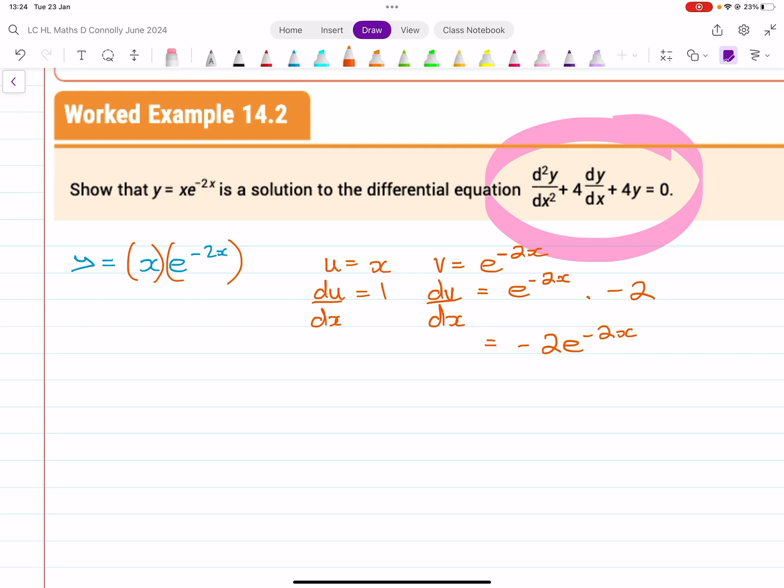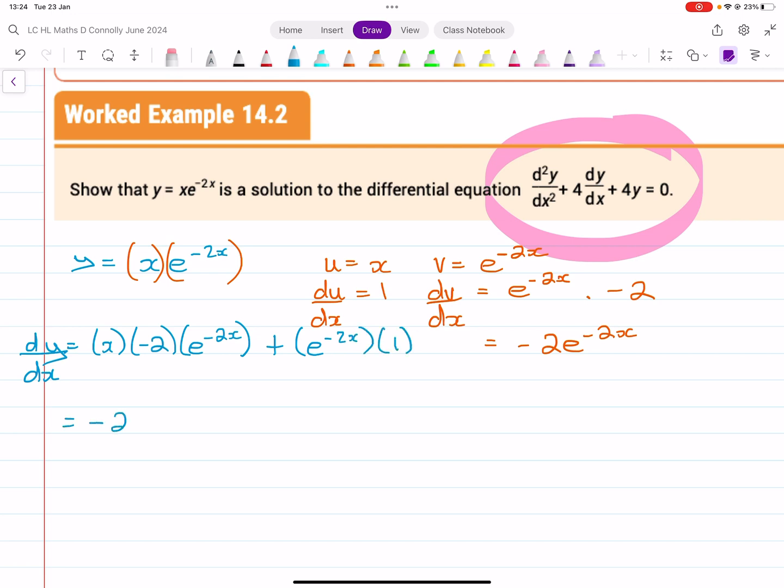Okay, and then the same formula. Sorry, this is not y, it's dy/dx. So it starts with u, and then dv/dx, and then plus v times du/dx.